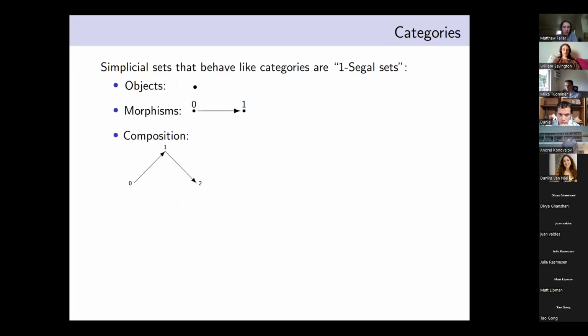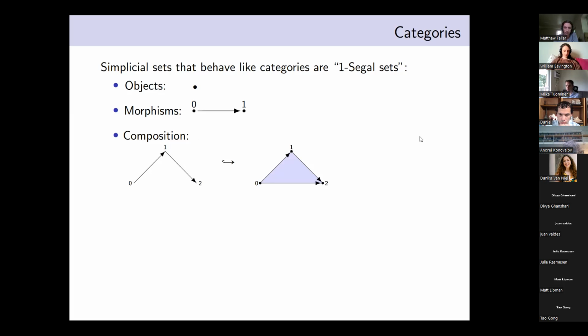But then what you need is to be able to encode composition. In general, in a simplicial set, anytime you have a pair of arrows like this that meet at this point here, there doesn't have to be something filling this in. There doesn't have to be anything composing here.